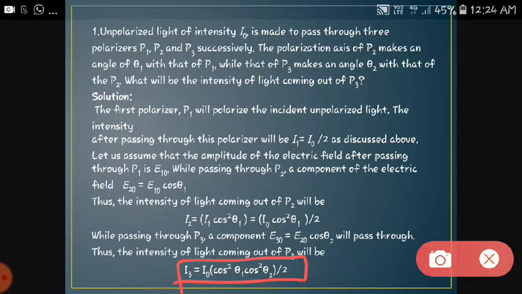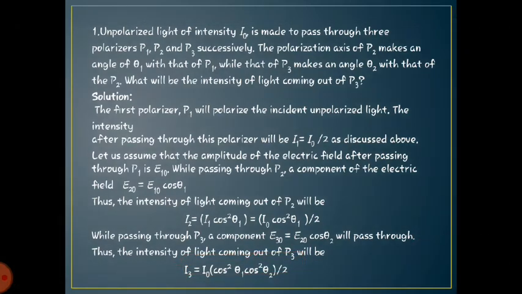And theta 1 and theta 2 come from the numerical, where the angle for P2 is theta 1 and for P3 it is theta 2. So this is the equation we got. This is it for this numerical, so let's move towards the second one.